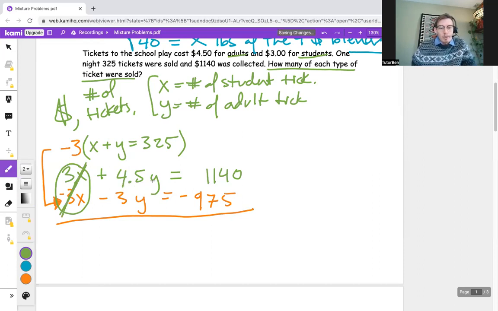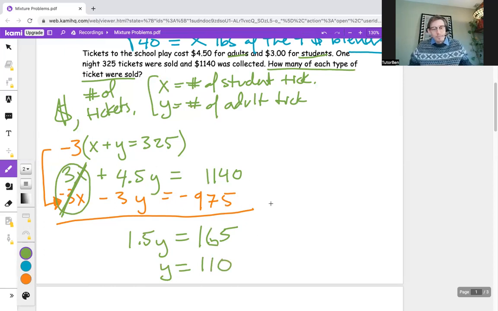Here, 4.5y minus 3y is going to be 1.5y equals, again relying on the calculator here just to speed things up, 165. Okay. So to solve this last part, we'll divide both sides by 1.5. So 165 divided by 1.5 is going to be 110.